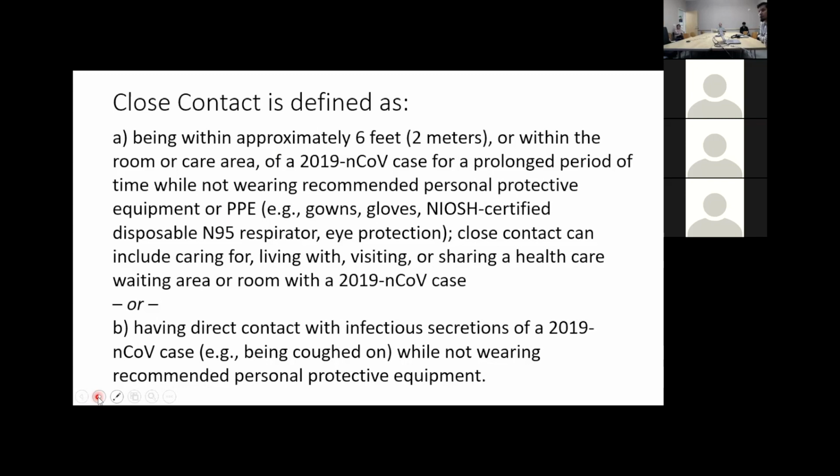Or a close contact is someone caring for, living with, visiting, or sharing a healthcare waiting area or room with a confirmed COVID case, or having direct contact with infectious secretions of a COVID patient while not wearing the recommended personal protective equipment.